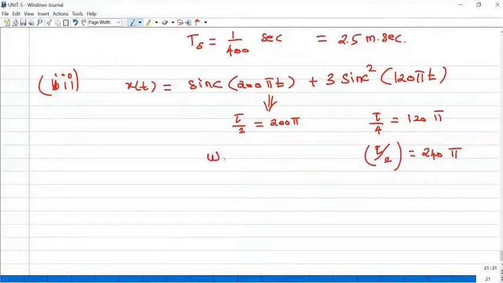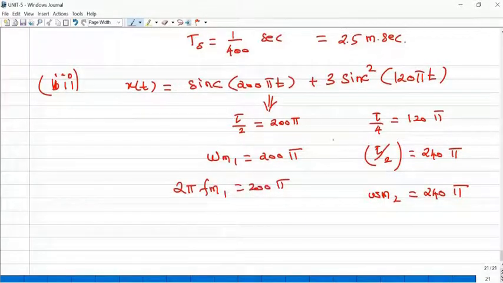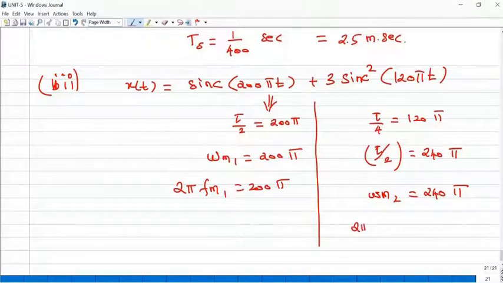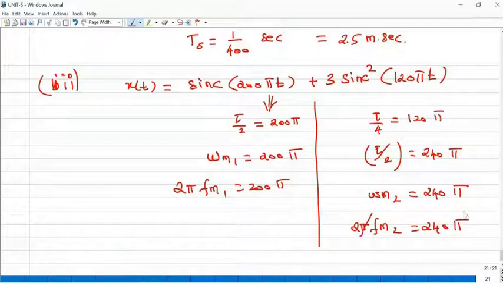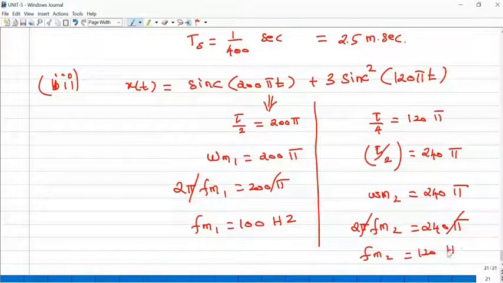So omega m1 equal to 200 pi, omega m2 equal to 240 pi. 2 pi fm1 equal to 200 pi, 2 pi fm2 equal to 240 pi. So pi will be cancelled. fm1 equal to 100 hertz, fm2 equal to 120 hertz.